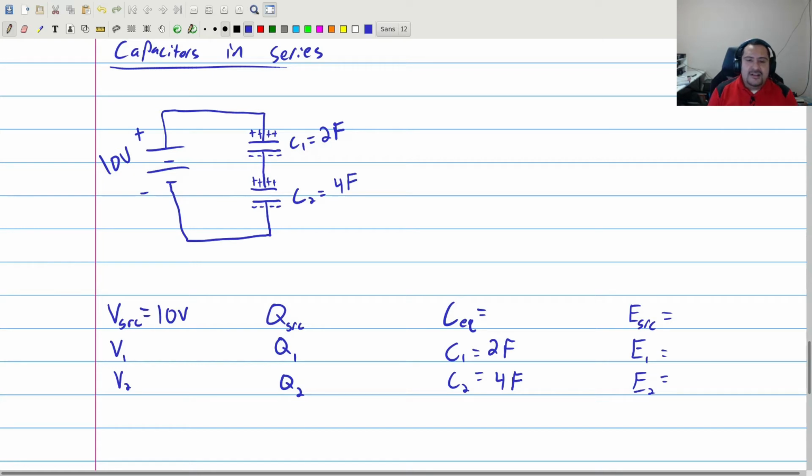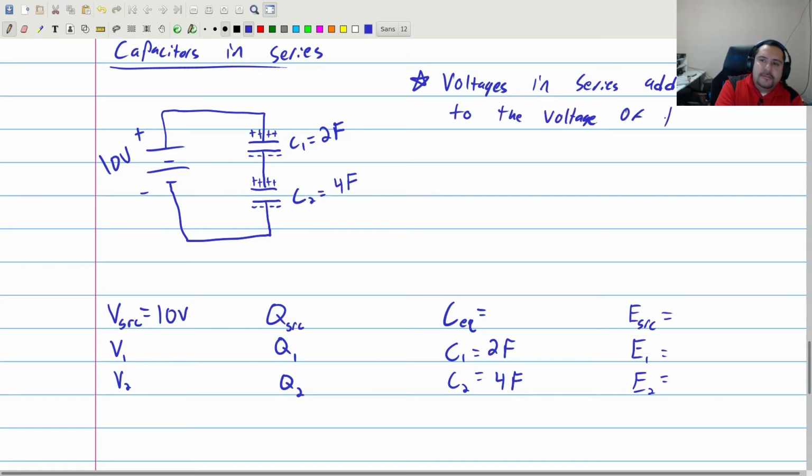So because of that, I can write down a couple of rules. The first one is voltages in series add up to the voltage of the source.